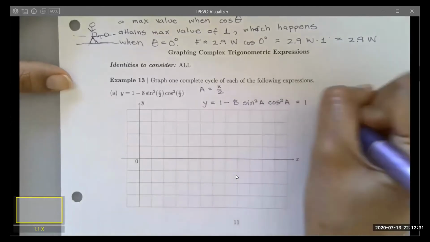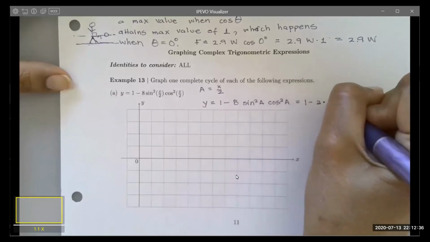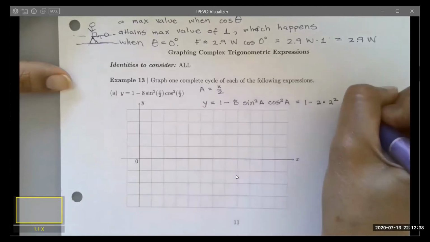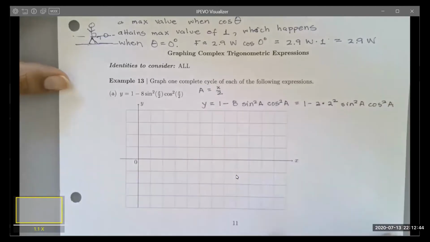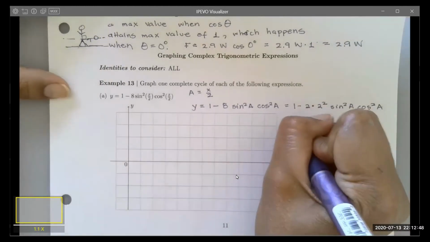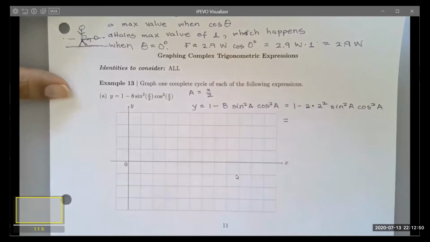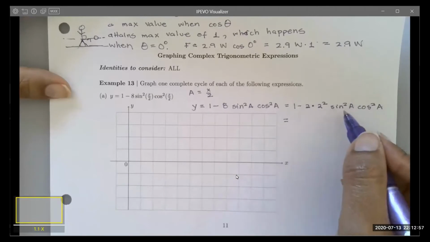So I could potentially write this as 1 minus a 2 times a 4, which we can write as 2 squared, times sine squared of a times cosine squared of a. Again, by all means, this is not intuitive, or you don't get to see this right away. But a little bit of trial and error will help you see that this is a good step to take.